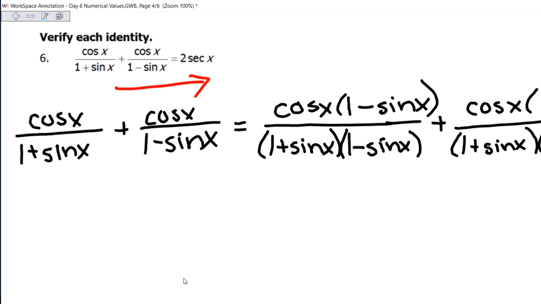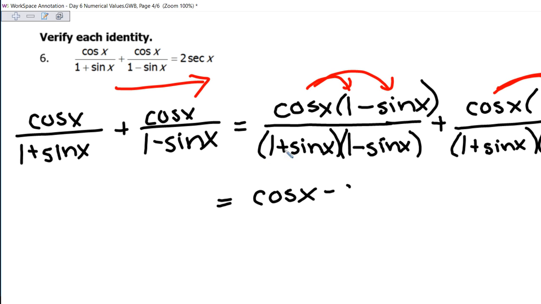Next thing, we need to go ahead and distribute. So we need to distribute our cosine. And notice for the second fraction, we're distributing a positive cosine of x. Okay, so let's start distributing. What's cosine x times 1? Cosine x. What's cosine x times negative sine x?